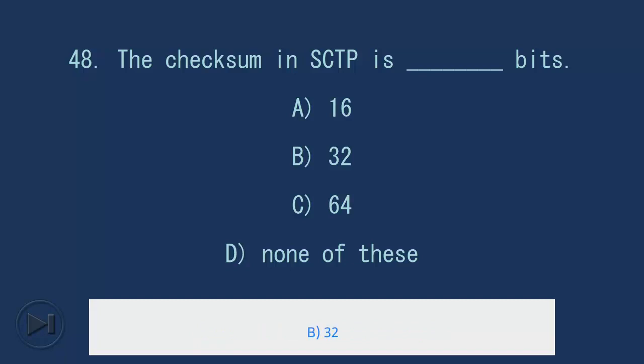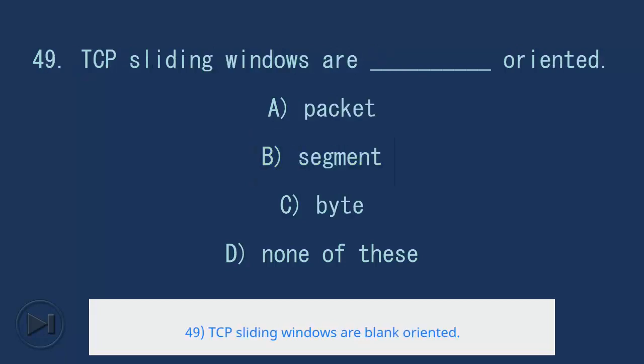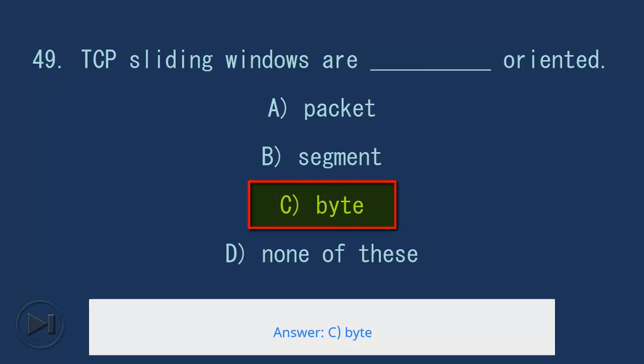B. 32. C. 64. D. None of these. Answer, B. 32. 49. TCP sliding windows are blank oriented. A. Packet. B. Segment. C. Byte. D. None of these. Answer, C. Byte.